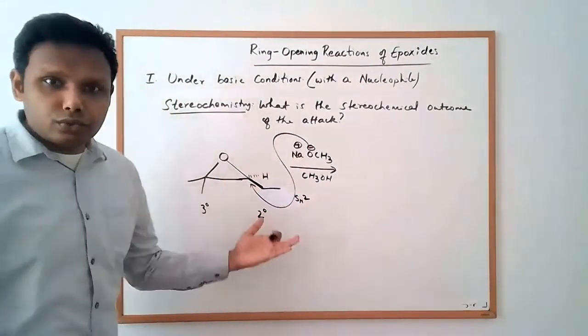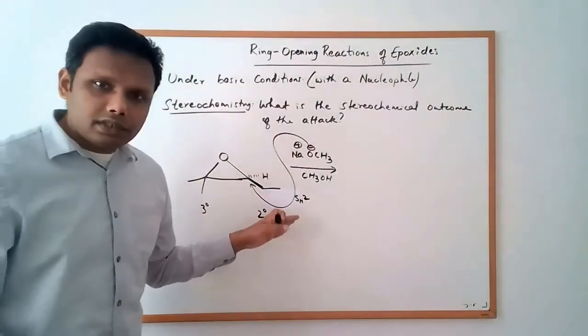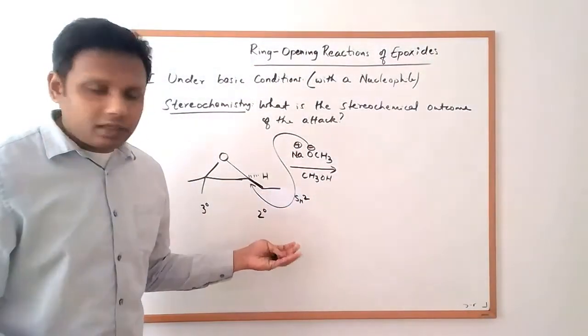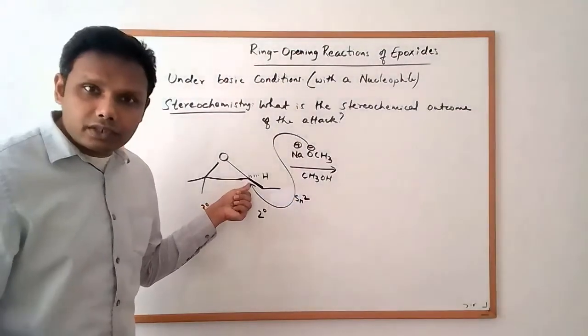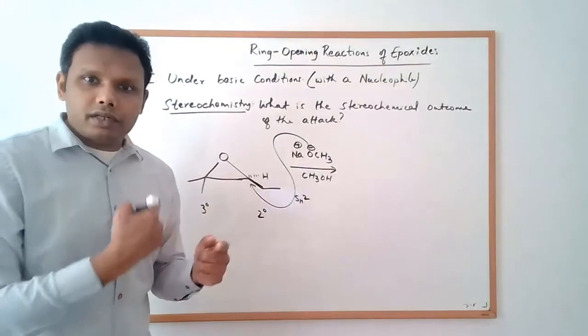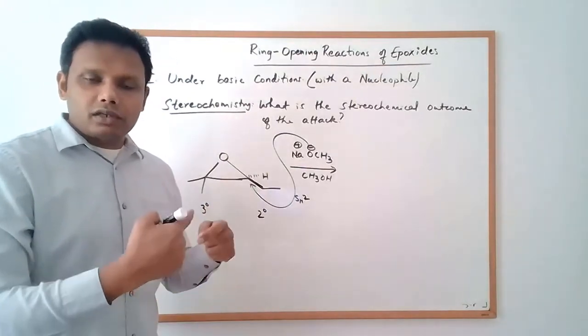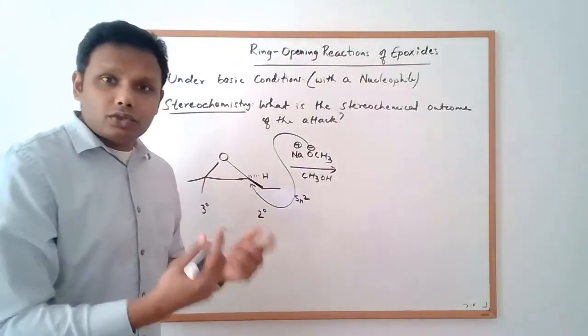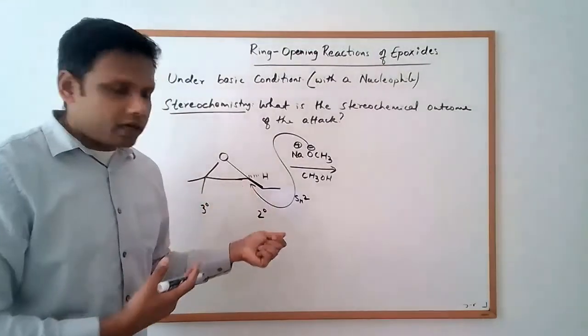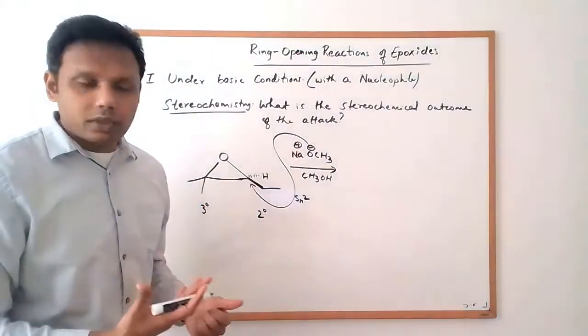When the nucleophile comes and attacks this carbon, we've already classified this attack. This is an SN2-like attack. Since it is an SN2-like attack, the attack must proceed with an inversion of configuration at that carbon, because whenever an SN2 attack happens, the configuration inverts. All of the principles that we learned for alkyl halides still apply because we're working with an SN2-like attack here.